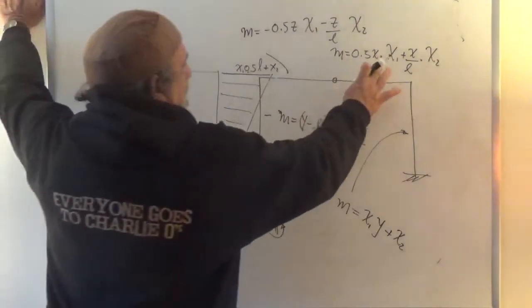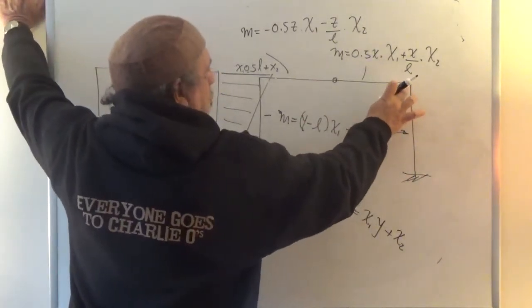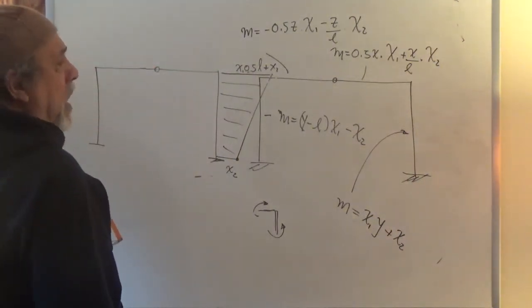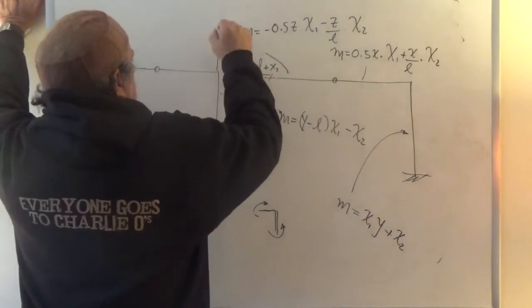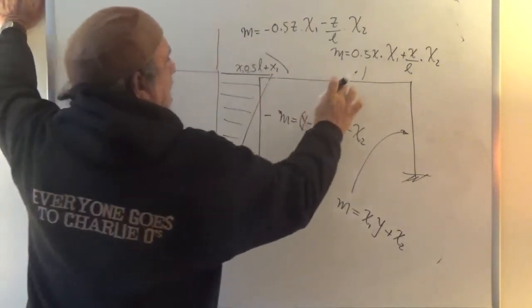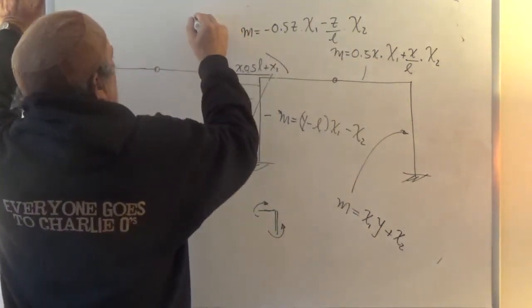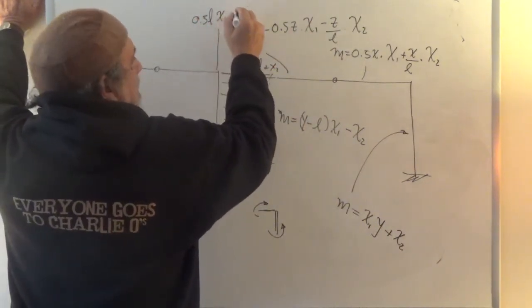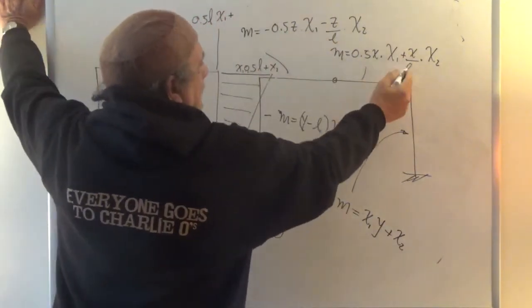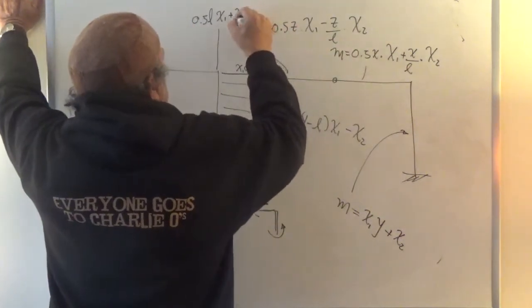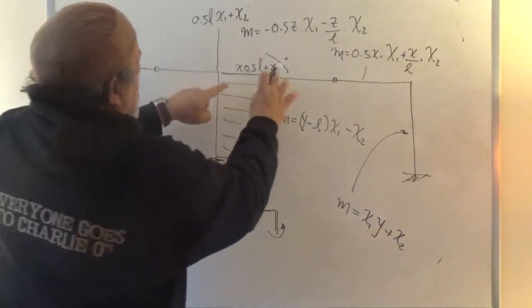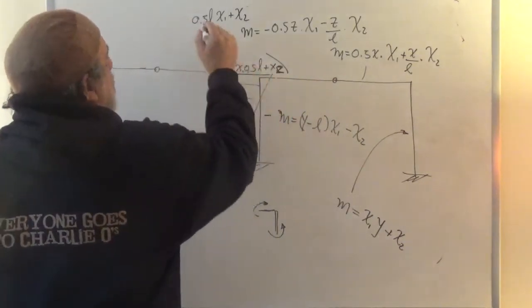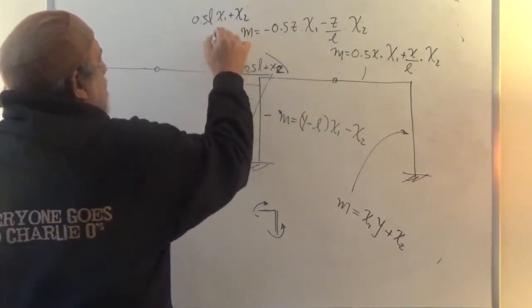So if you go to here, this point is x equal to L, which shows you that the moment here would be compression on the top, and that would be 0.5 L times x1 plus L over L, which is 1, times x2, right? Which is just this number that we just wrote here, 0.5 x1L plus x2. So that's the moment here.